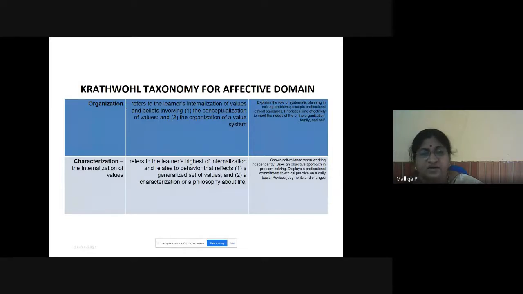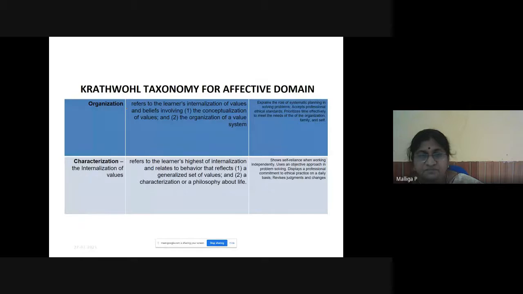That is called organization. Then characterization is the ultimate one, the topmost, which refers to the highest level of internalization. It relates to your behavior and gives a generalized set of values, a philosophy about life.